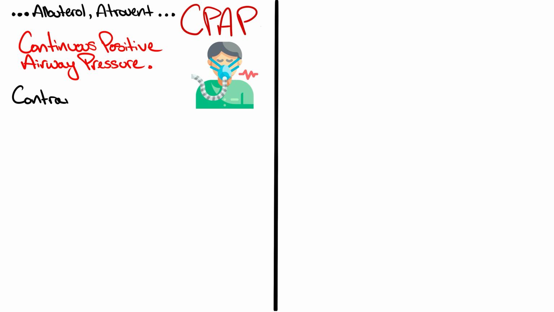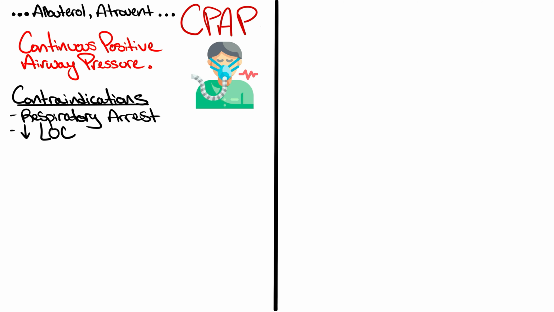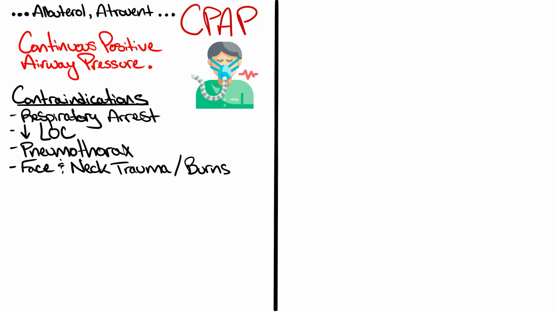Now, there are quite a few contraindications for using your CPAP, so listen up. Your contraindications include respiratory arrest, a decrease in level of consciousness, a pneumothorax, face and neck trauma or burns, and vomiting or secretions. Of course, you can see how any of these conditions might preclude a patient from using a CPAP. The pressure of a CPAP is measured in centimeters of H2O.